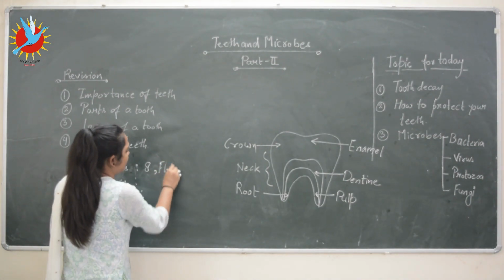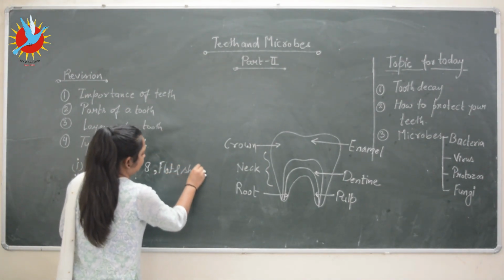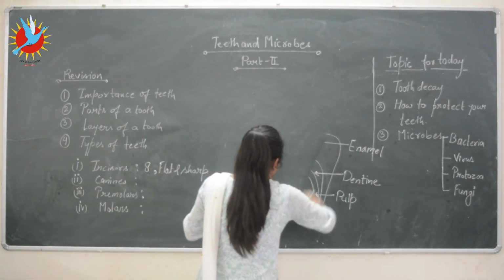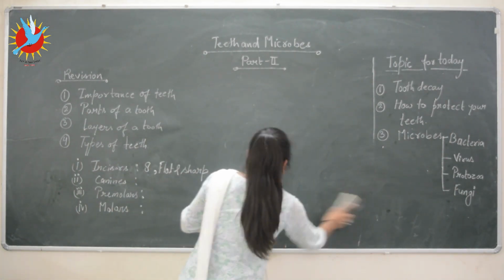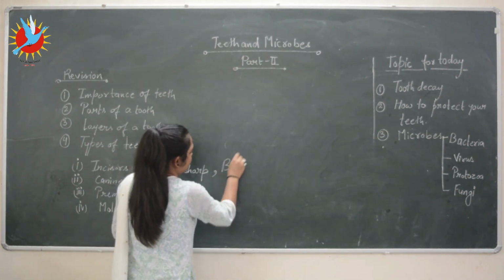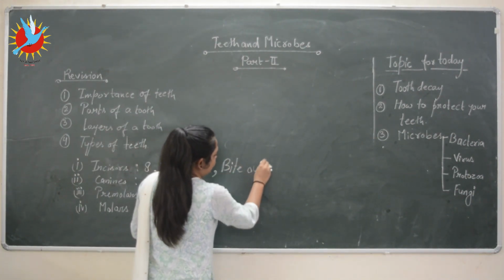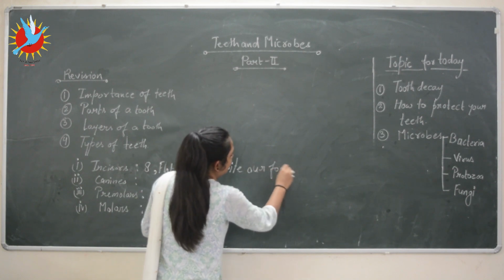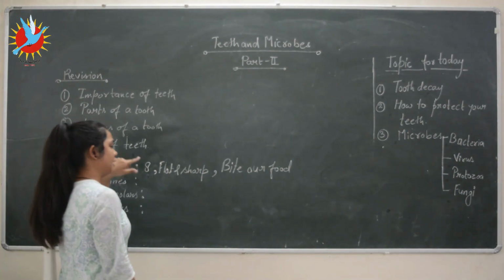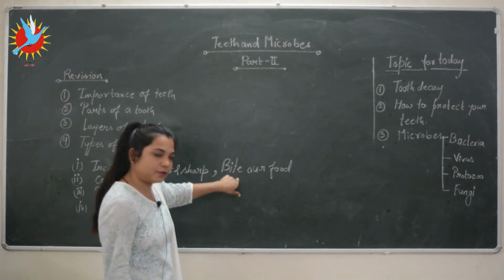They are flat and sharp, and they help us to bite our food or cut our food.